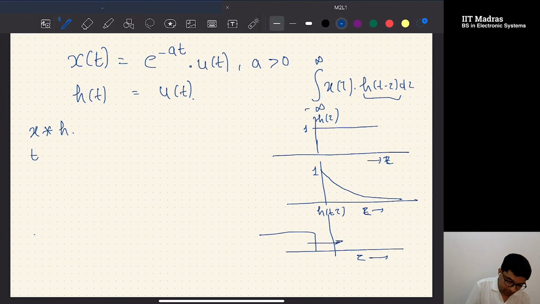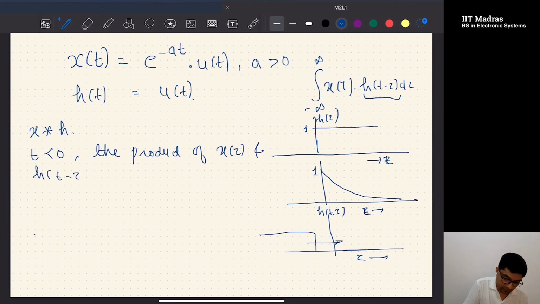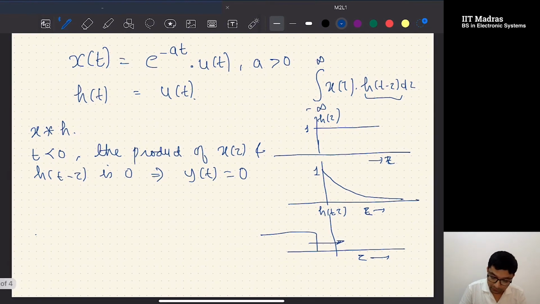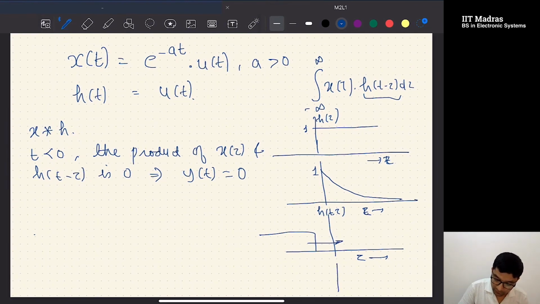So for t less than 0, the product of x of tau and h of t minus tau is 0, which also means that for t less than 0, y of t will also be equal to 0. Okay, things will change when t is greater than 0.